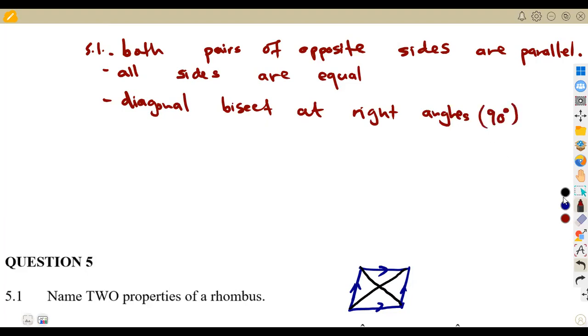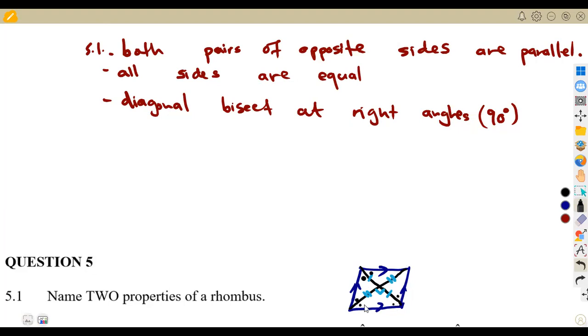What does it mean? These diagonals that we see, they do bisect each other. That is, this is divided into two equal parts, but not just divided into two equal parts, at 90 degrees. It must be at 90 degrees. So there are so many properties. Also, these diagonals, they do bisect these angles here.